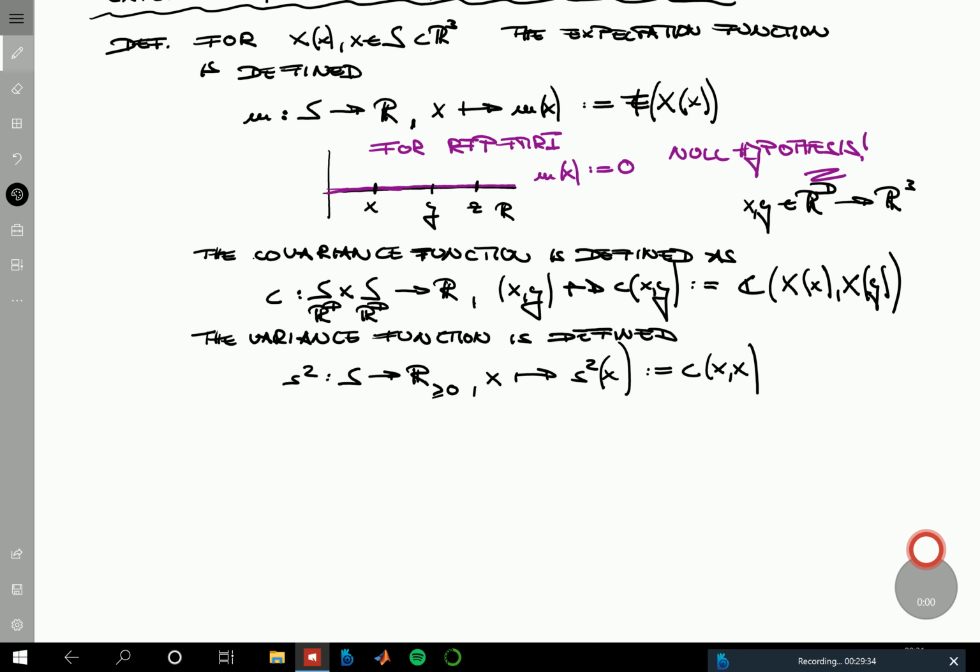Because here we have a covariance function and a variance function, and we have x and y. So these are real values. So this is a scalar. Okay. So it's not that we compute covariances of vectors here. One can also do that, but this is not what's happening here.